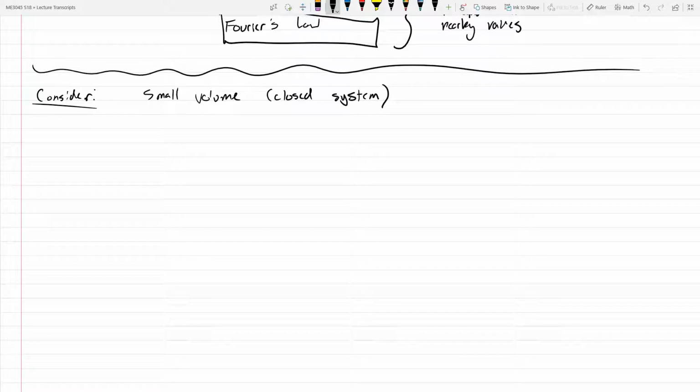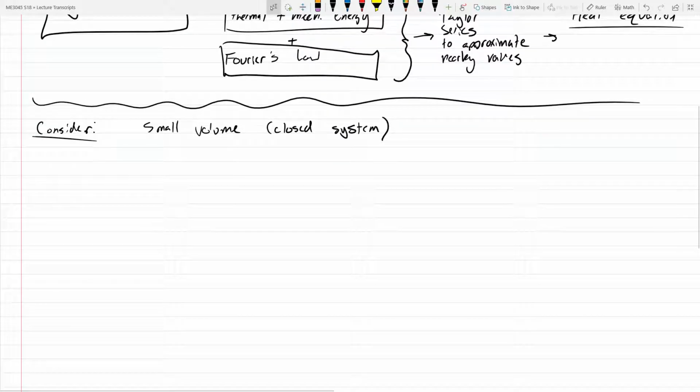Oh, nearby values, sorry. I'll slow down a little bit. So we're considering some small volume that has no mass entering or leaving it, which defines it as a closed system.